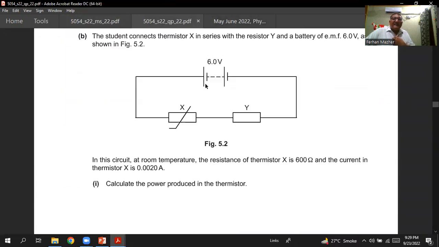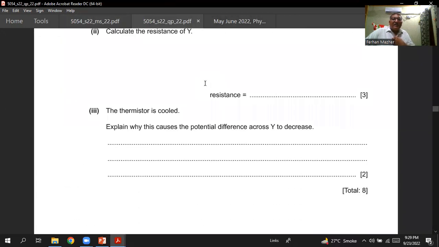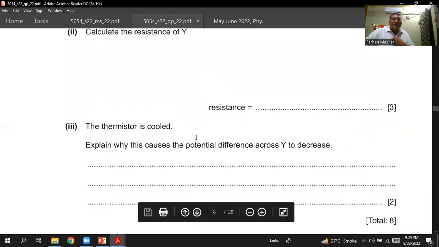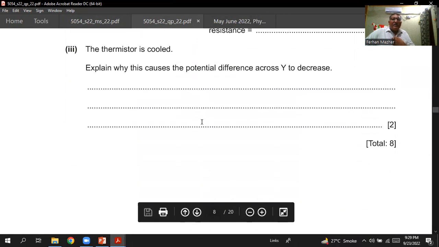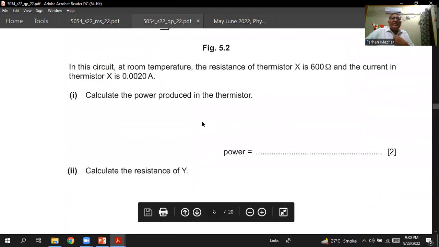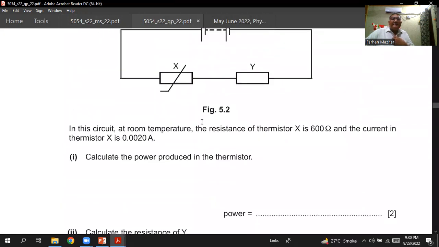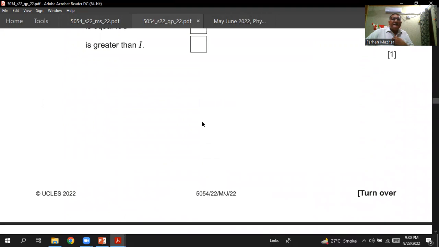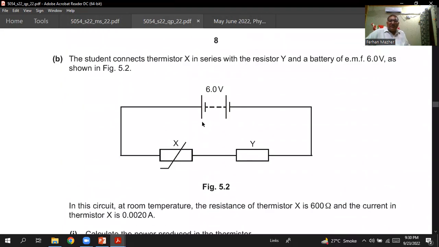The next question they are asking is this. The student connects the thermistor X in series with the resistor Y and a battery of EMF 6 volt as shown in figure 5.2.